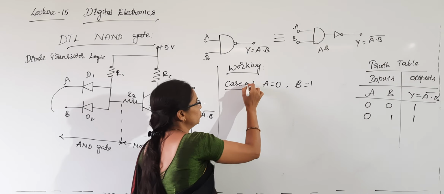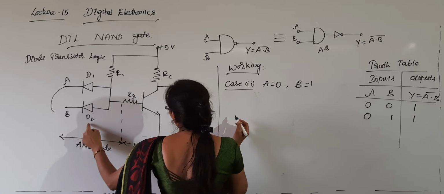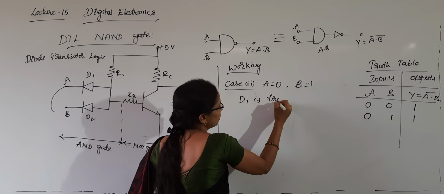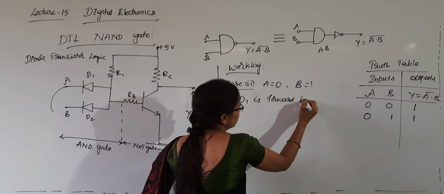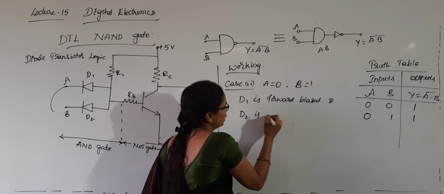In case 2, what happens? A is equal to 0, B is equal to 1. Diode D1 is forward biased and D2 is reverse biased.